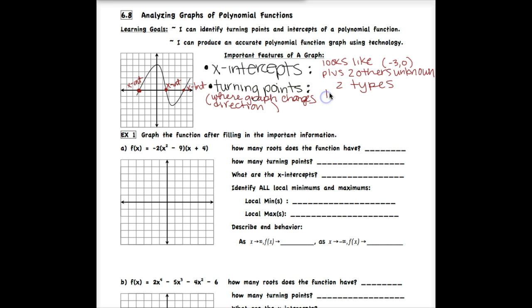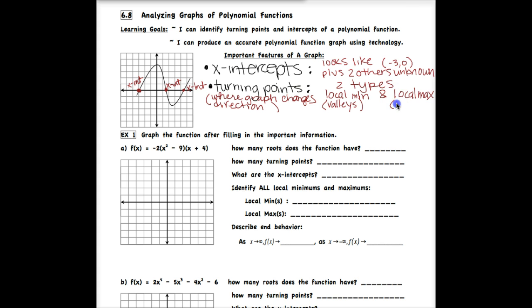One are called local minimums. The other are called local maximums. And all that means, a local minimum just means it might not be the very lowest point on the graph, but it's the lowest point in that area. So I call the local mins the valleys, because it's when you've got a down portion of the graph.